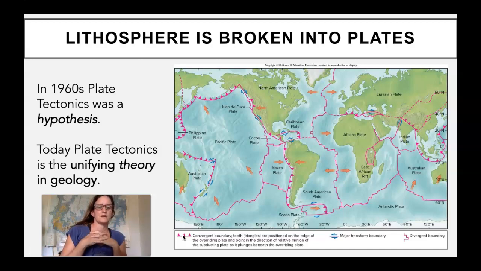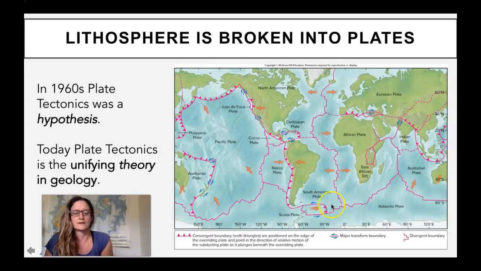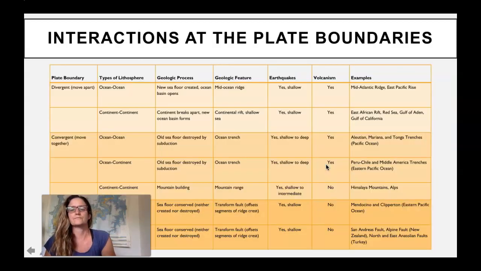The ones that have the arrows going in opposite directions, those are transform boundaries, where one plate is sliding in the opposite direction of the other. And the third kind of plate boundary are the other ones that are just line segments, and those are the divergent plate boundaries where plates are moving apart. You can see along the Mid-Atlantic Ridge, these arrows are showing the plates moving apart.